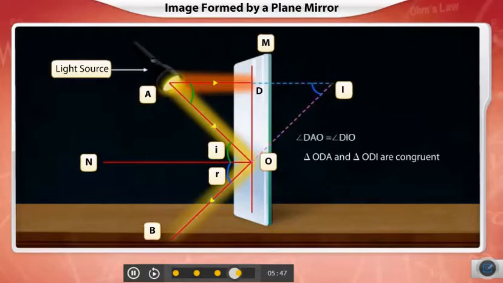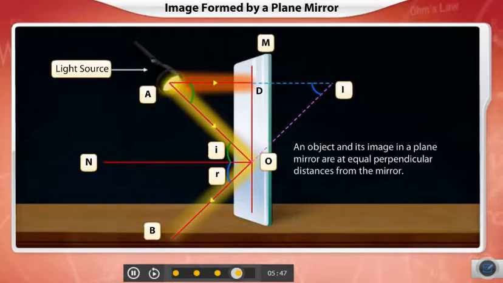Hence, the triangles ODA and ODI are congruent. This also implies that AD is equal to DI and AO is equal to OI. From these observations, we can conclude that an object and its image in a plane mirror are at equal perpendicular distances from the mirror.